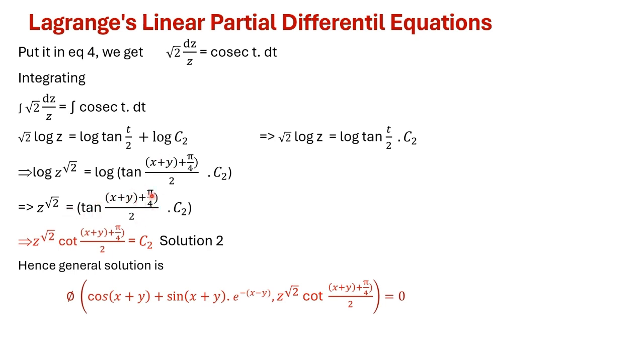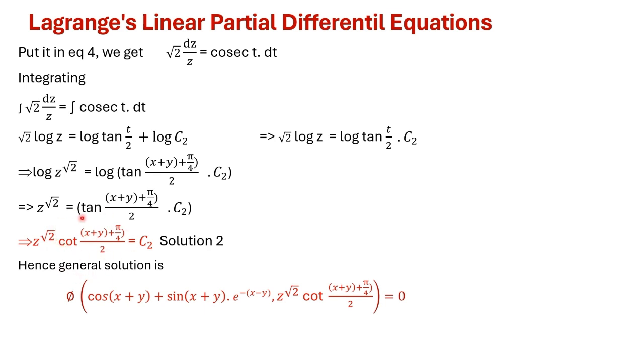Now bring this tan term here. When it comes here, it will become 1 by cot. So we get z to the power root 2 into cot of this term is equal to c2. This we'll call solution 2.